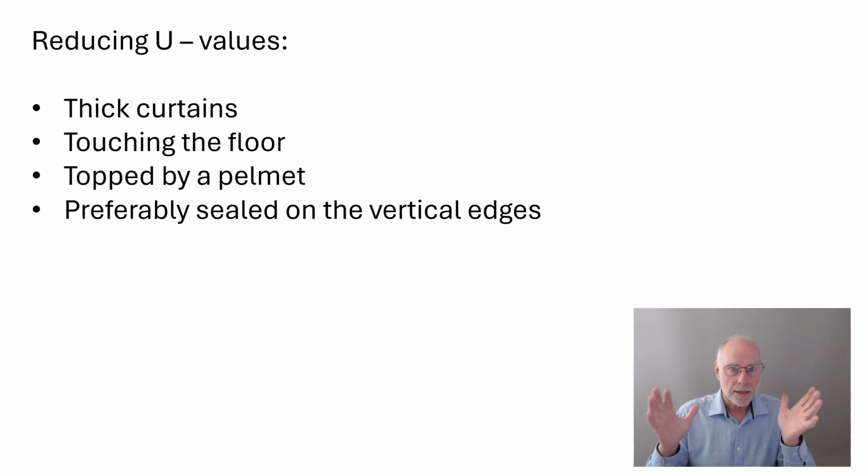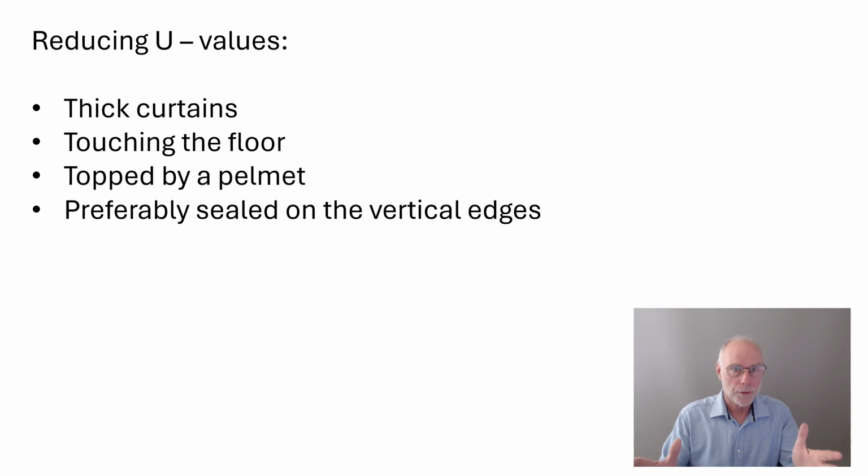Firstly, select thick curtains. Now, thick curtains will be heavy curtains. So the other way of looking at it is to say thick and heavy curtains. So when you pick up the curtain, how much does it weigh per linear metre? You want it to weigh a lot, because that means there'll be a lot of material there, and a lot of material will be better at blocking heat transfer.